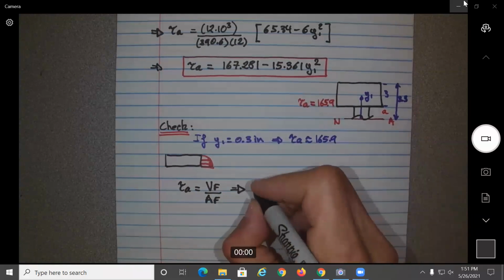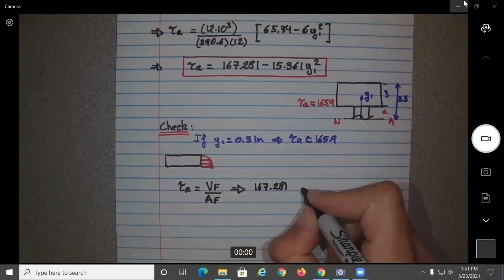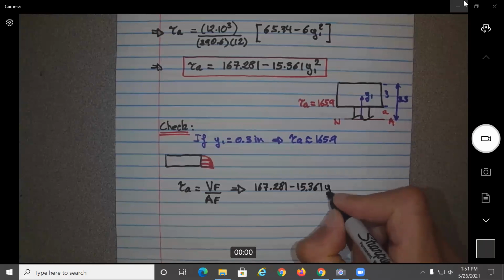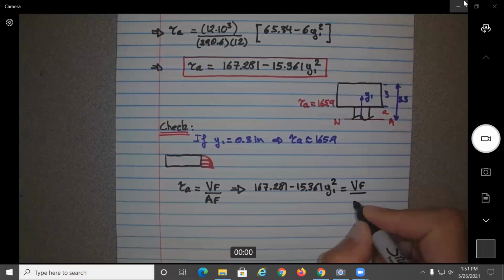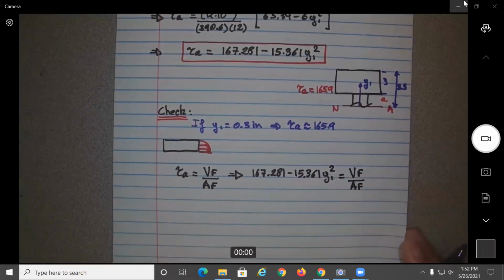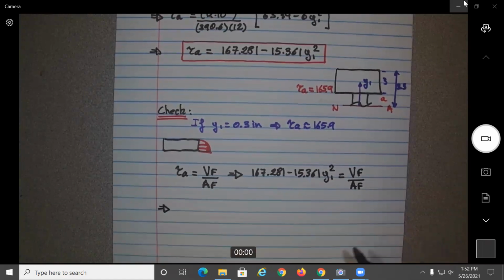So we're going to say 167.281 minus 15.361 y1 squared should be equal to V sub F over A sub F. So from here, I do the substitution later.